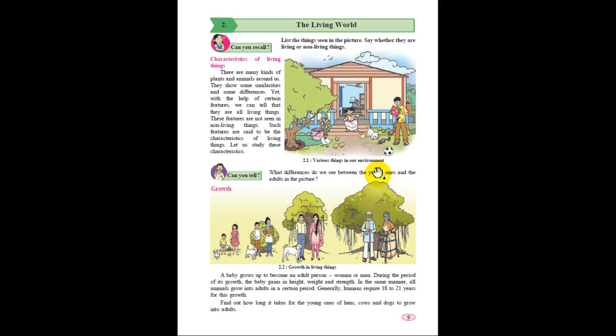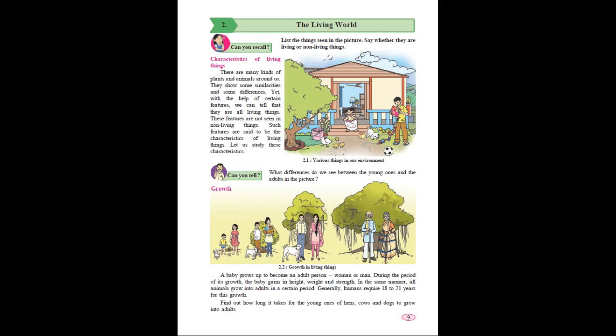Those things which don't breathe, don't respire, or don't do any bio activity like respiration, reproduction, or growing are known as non-living things, while living things perform most of these bio activities like respiration, growing, and breathing. So in this way we can differentiate between living and non-living things.